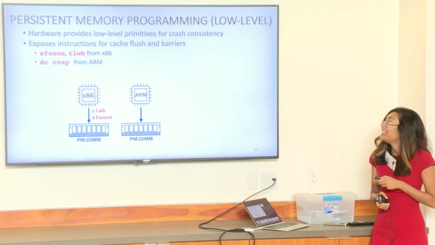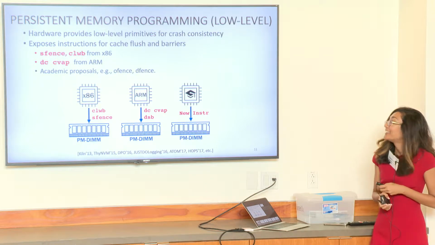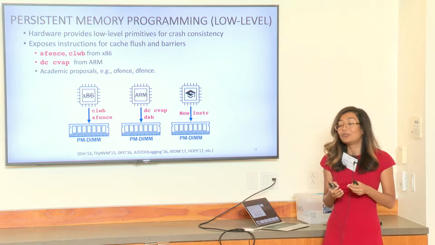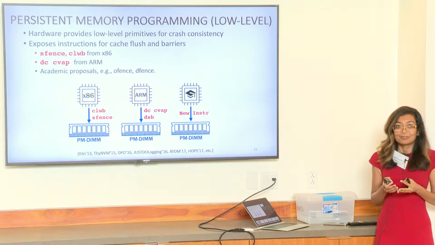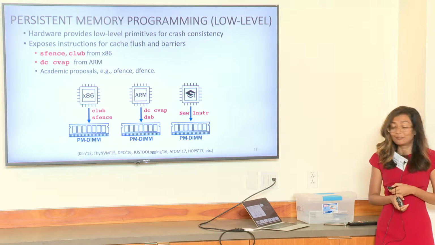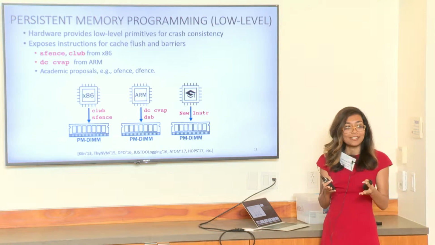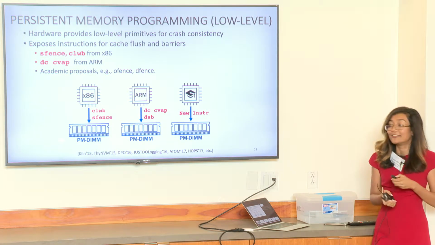But the problem is ARM came up with their own instructions, and there are actually multiple proposals to optimize these fences, which most likely we will see sometime in the future. So there is a large variation in how we can provide the consistency guarantee, depending on what hardware we are using.